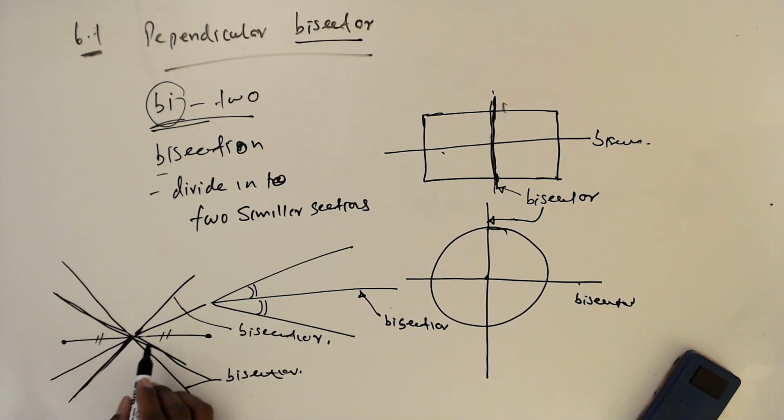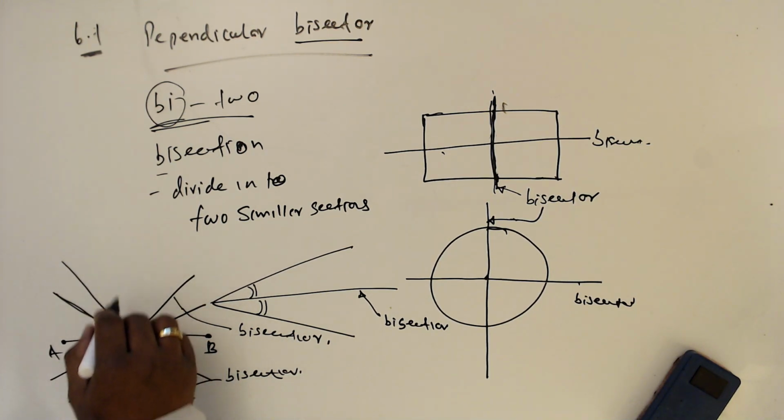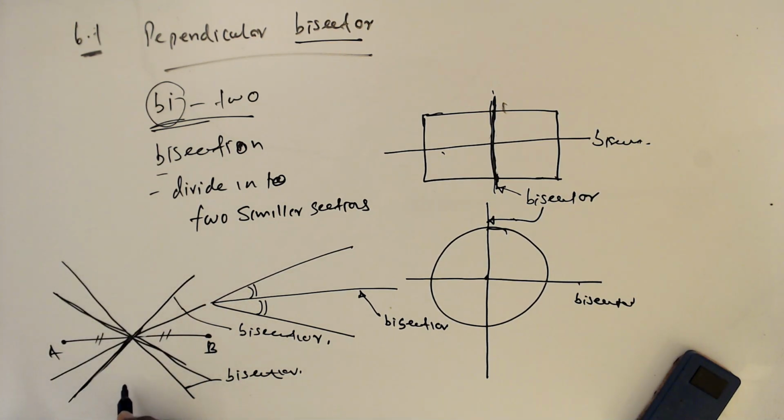From this line, this AB line segment is divided into two similar pieces. Unfortunately, they are not perpendicular. You can draw a line which will bisect AB as well as be perpendicular to AB.